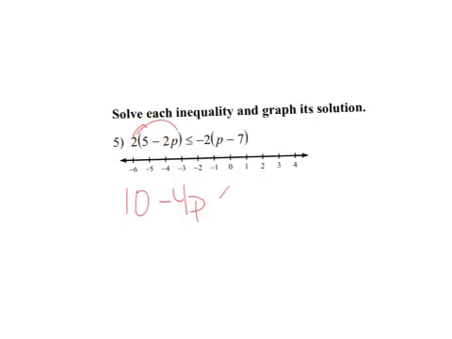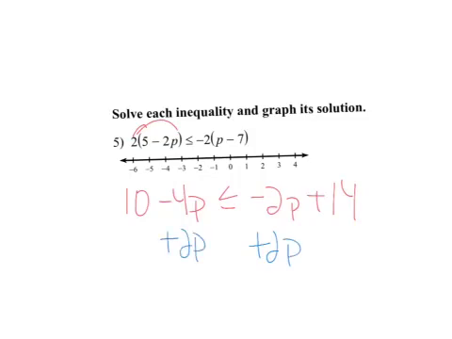And that's going to be less than or equal to. Then I'm going to distribute the negative 2 through. So negative 2p plus 14. So I've gotten rid of the parentheses. Now it's good to get the p's on one side of the inequality. In this case, I'm going to choose to add 2p to both sides.